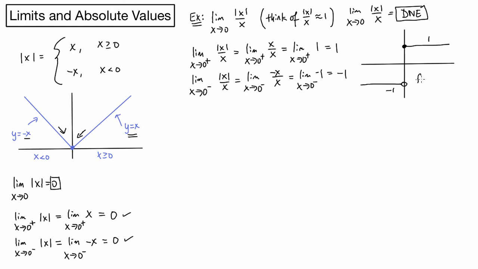This is the function f of x equals the absolute value of x over x, and you can clearly see that we call this a jump. There's a jump at x equal to 0. So the limit from the left and the limit from the right don't agree. The reason that this is a closed-in circle, by the way, is that if you go back to the definition of the absolute value, the right-hand side is the one that contains the value at 0.